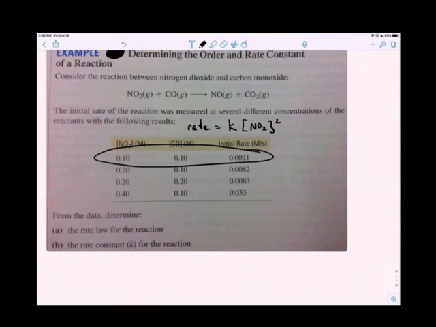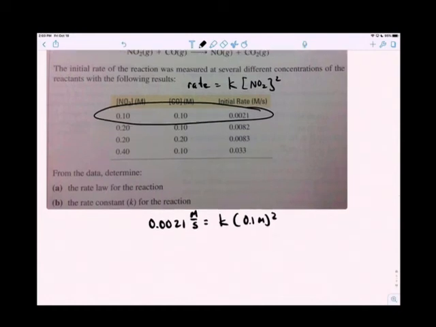So this rate equals k times NO2 squared, so I'm going to put in the rate, 0.0021 molar per second equals a rate constant times the concentration of NO2, 0.1 molar squared. And now we solve for k.